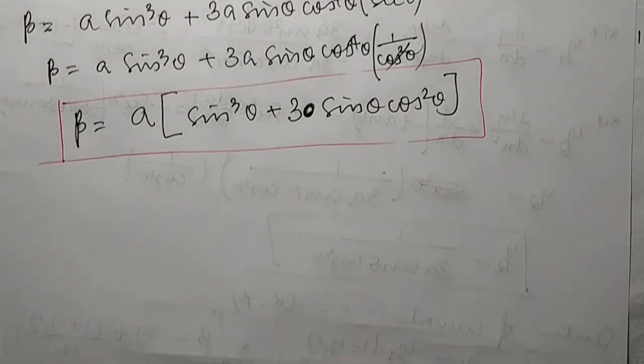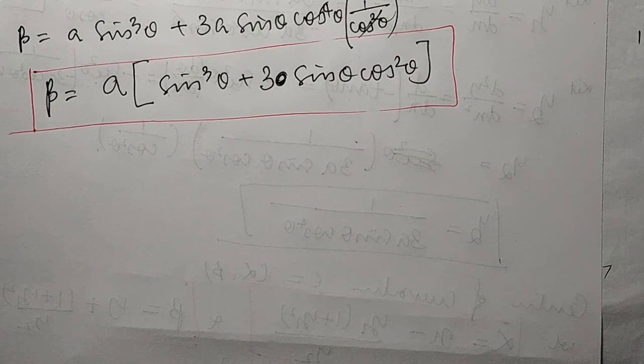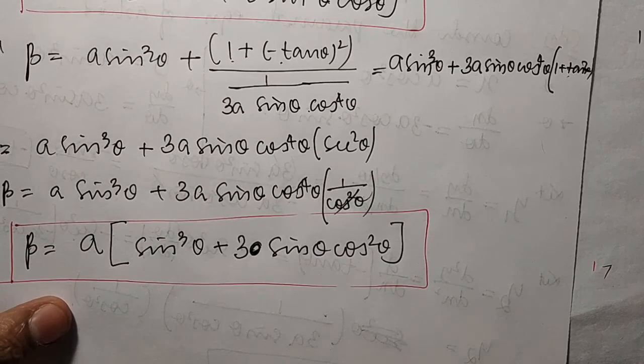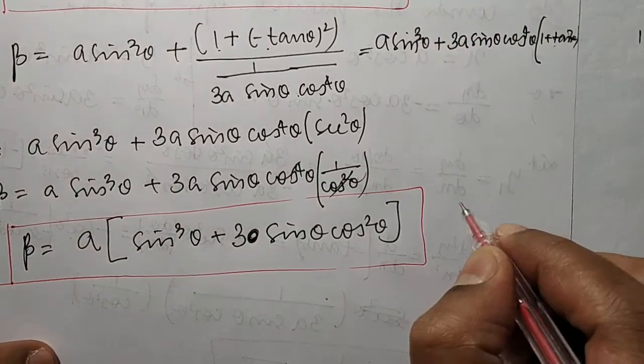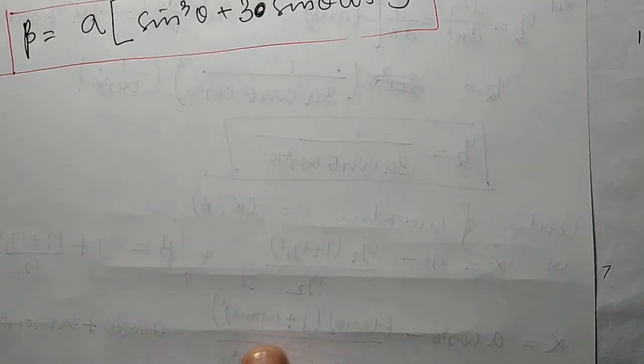Clear? Therefore, how do you get the solution? Getting the solution is a bit tricky. Tricky in the sense, I'll call the value of this alpha as equation number 1 and this as equation number 2.